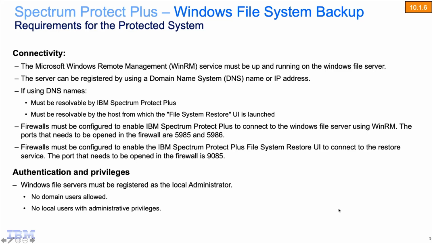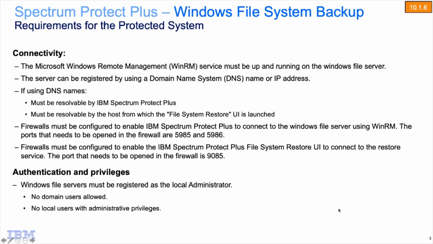And from a backup perspective, you're also going to have your firewalls and ports open between the Windows system and the Spectrum Protect Plus server. As usual, IP connectivity and DNS connectivity is critical. So I highly recommend you don't use IP addressing, use DNS when you're setting this up or testing it.